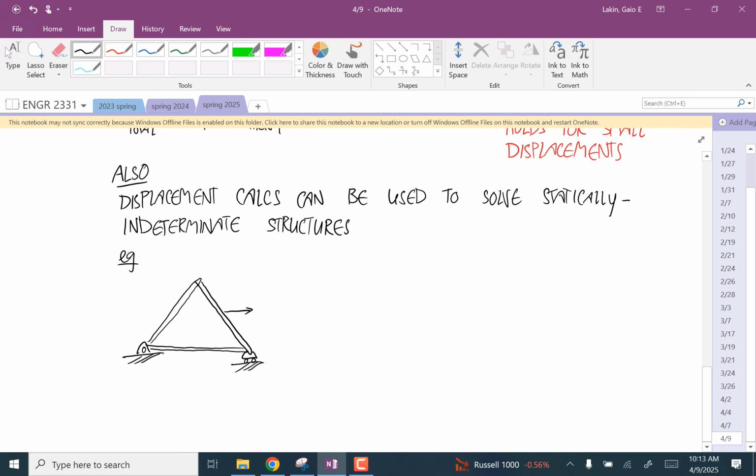But say that you just want to give this a little bit of extra strength. You're pretty sure that this is strong enough, you've done your calculations, but it doesn't hurt to add a little extra strength to it. And so you do a very reasonable thing as you build this. You put in one more member like this.